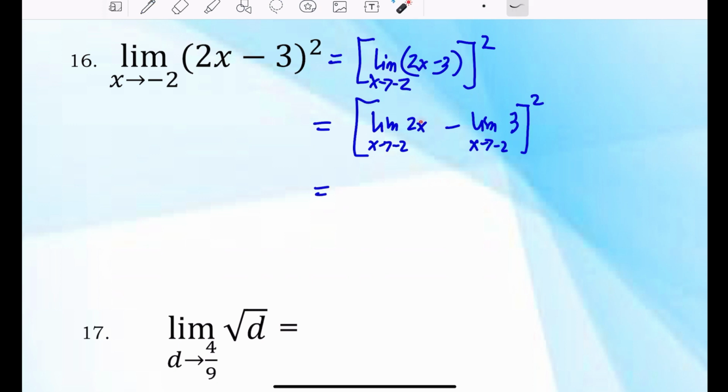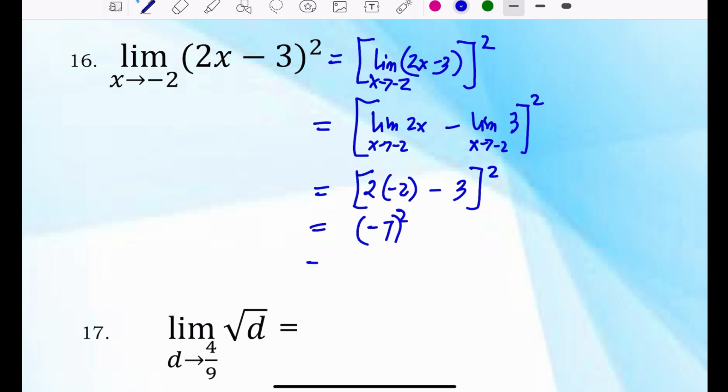Then the limit of 2x where x approaches negative 2 is equivalent to 2 times negative 2, minus the limit of 3, that is a constant, equal to 3, squared. So simplify, 2 times negative 2 is negative 4. Negative 4 minus 3 is negative 7. Then negative 7 squared, that is 49.